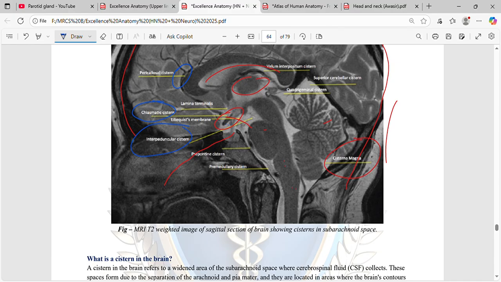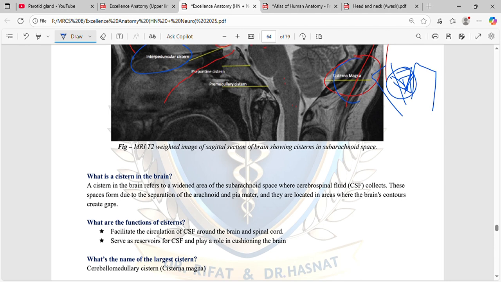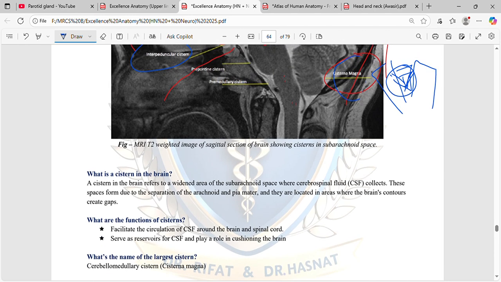This is the midbrain, and the midbrain has peduncles, so in between these there is the interpeduncular cistern. Here is the cisterna magna, and here we have the quadrigeminal cistern. So these are various cisterns. This is the perimedullary cistern, peripontine cistern. On the basis of location they have named them.